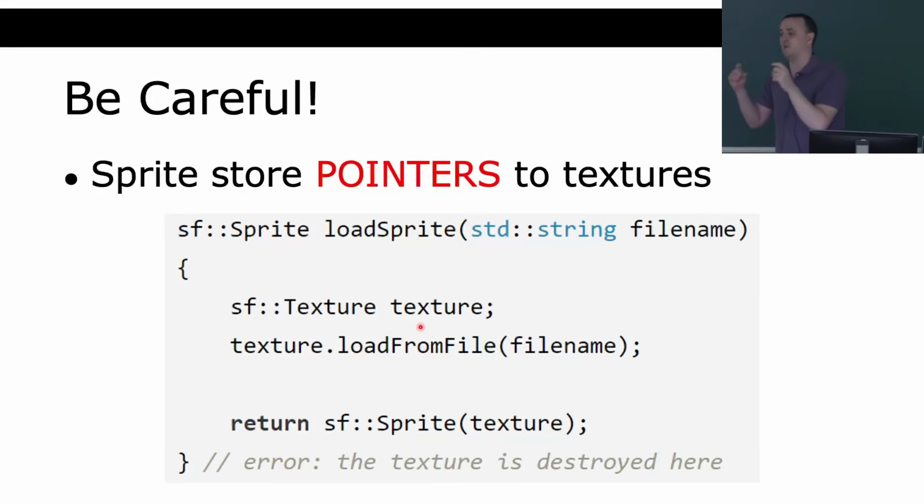Then there's a sound object that is a lightweight object that stores a pointer to the sound buffer, as well as the volume we want to play it at and where we currently are in the sound. So if you load a sound buffer from a file, then return a sound object in the same way, it won't be living as long as you think it is, and the sound object will no longer play.